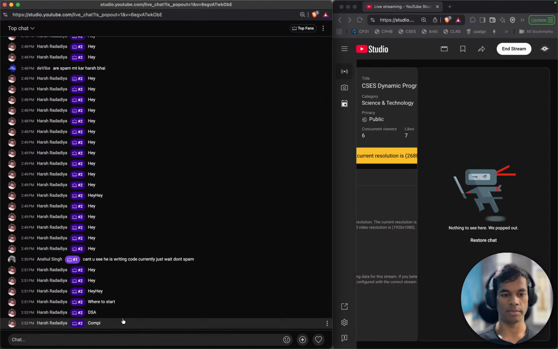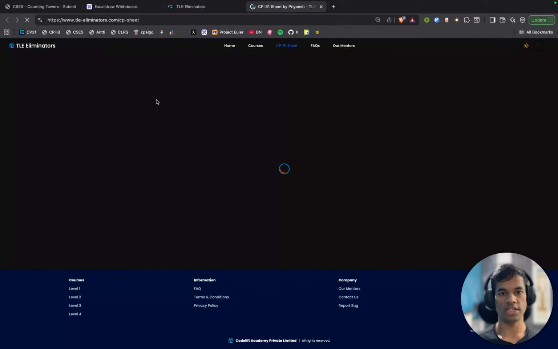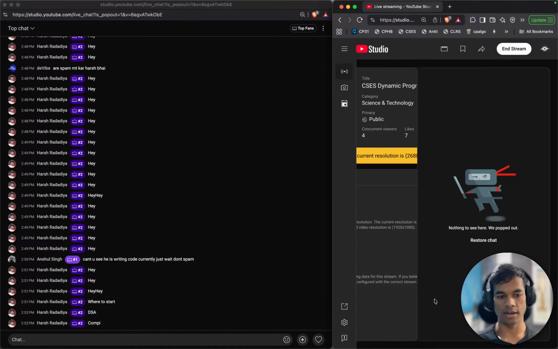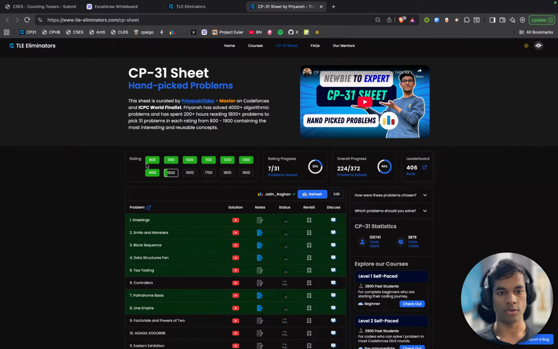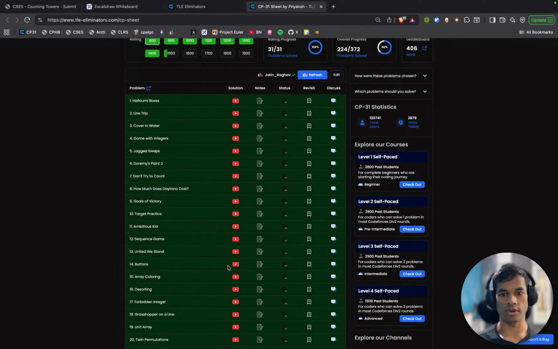Whatever the case, you can start with this CP31 sheet. You can start doing competitive programming if your goal is just to get better at DSA. You can go to this sheet and start solving questions, figure out things.